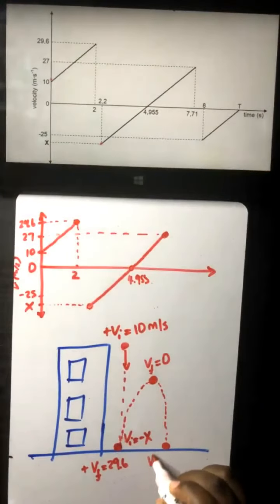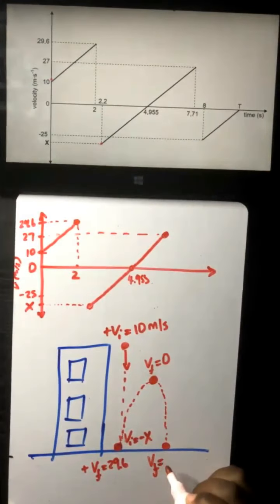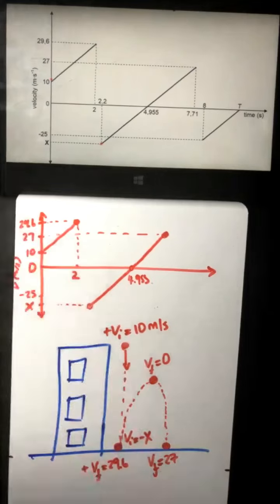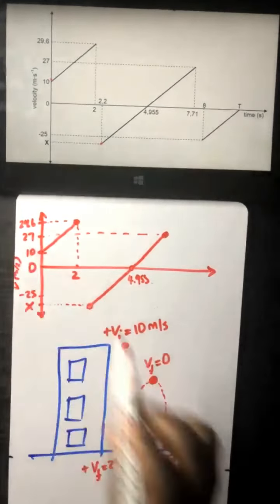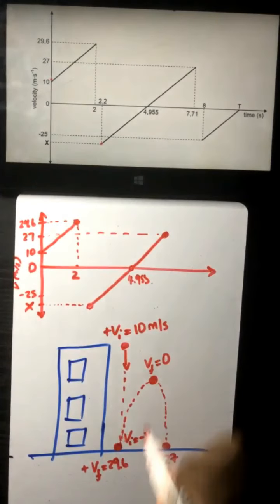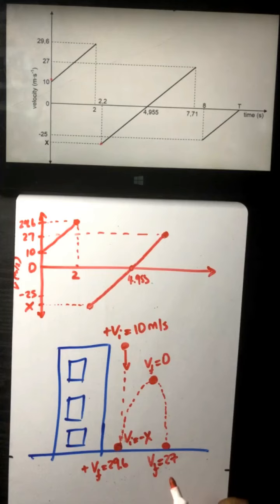its V final is equal to 27. This is the final velocity as it strikes the ground from that point. So what happens after it has hit that ground?